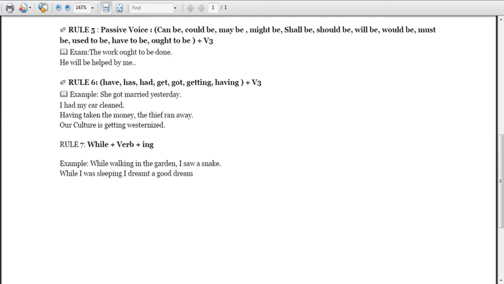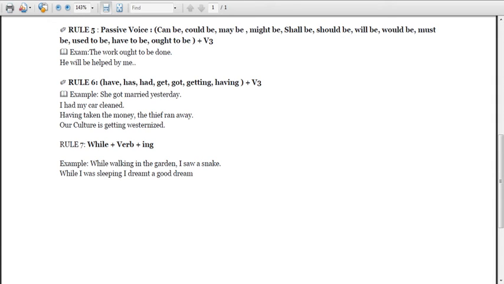Examples: the work ought to be done, he will be helped by me, it can be done by me, he should be punished. It's very simple but very important. Anywhere you find can be, could be, may be, might be, shall be, will be, V3 is to be added.